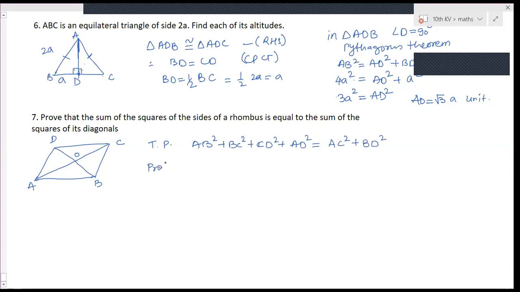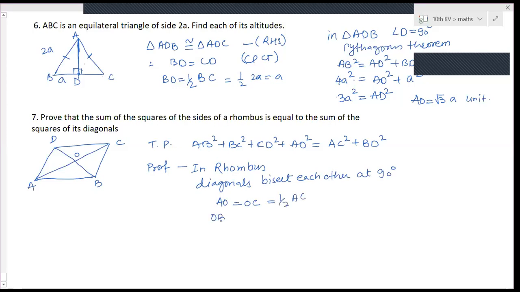Proof: we know that it is a rhombus. In a rhombus, diagonals bisect each other at 90 degrees. So therefore, AO is equal to OC, that is half of AC. OB is equal to OD, that is half of BD.